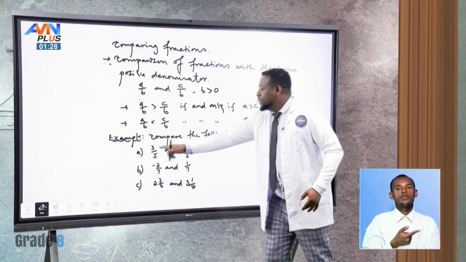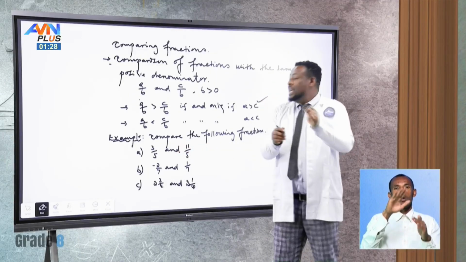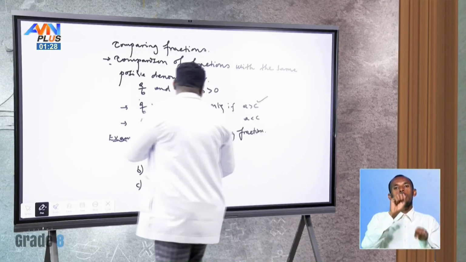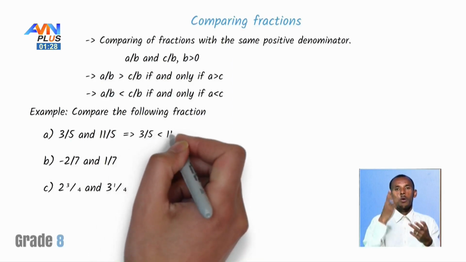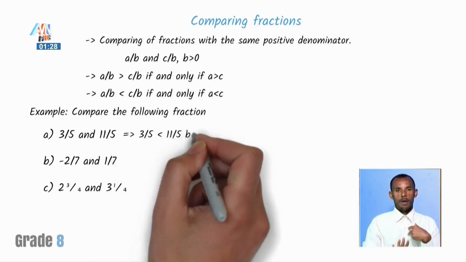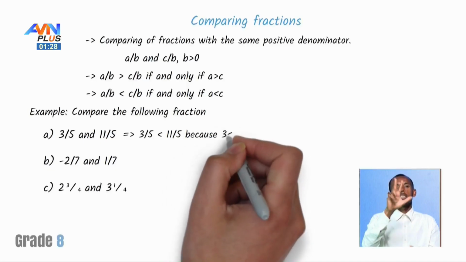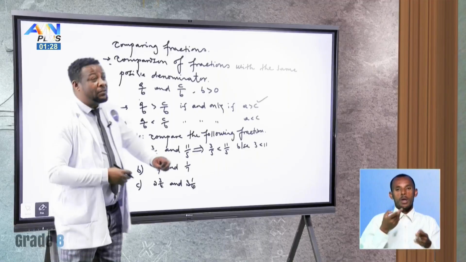So 3 over 5 is definitely less than 11 over 5 because 3 is less than 11. So in this case, we will have 3 over 5 is less than 11 over 5 because 3 is less than 11.